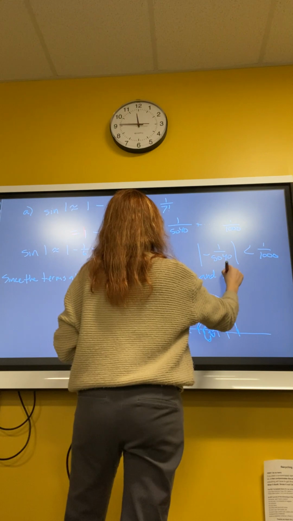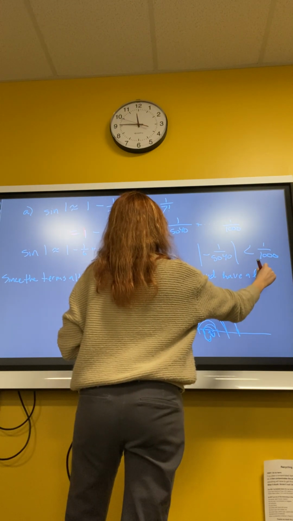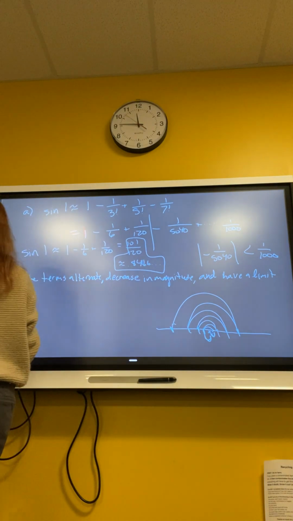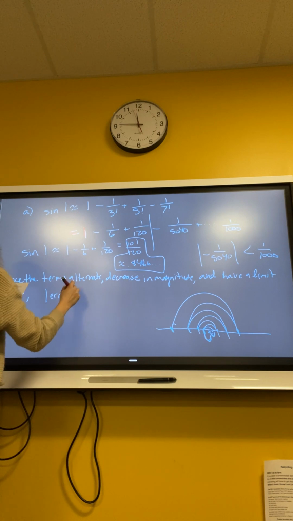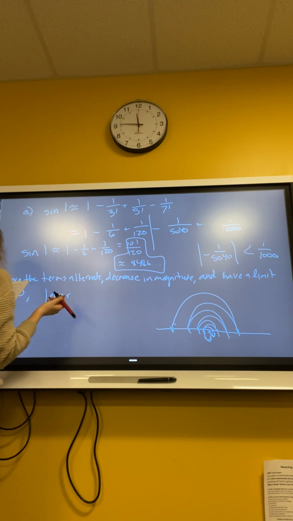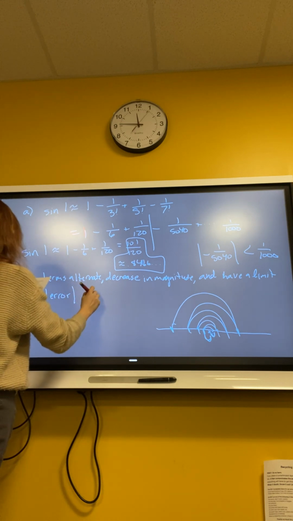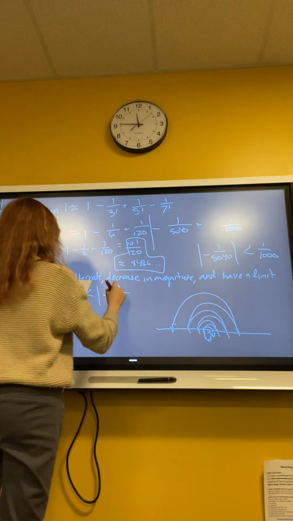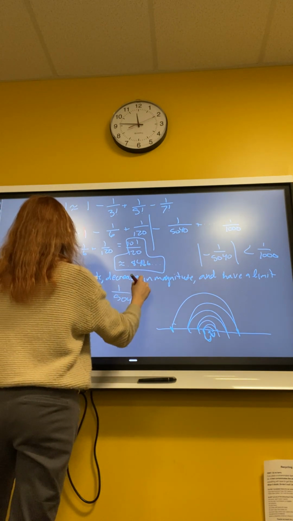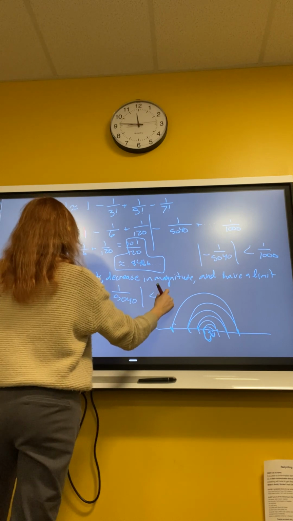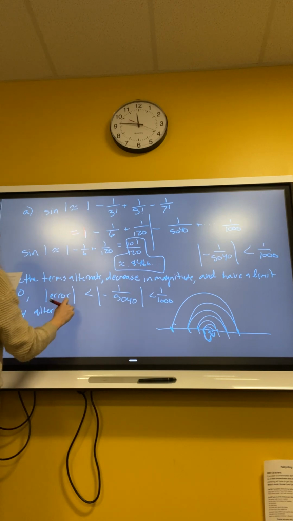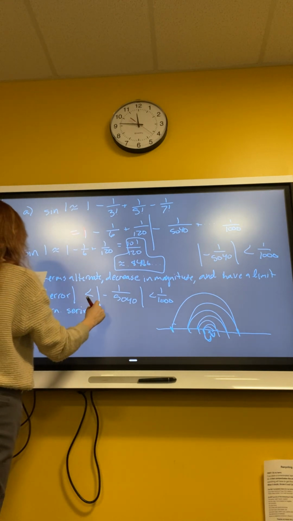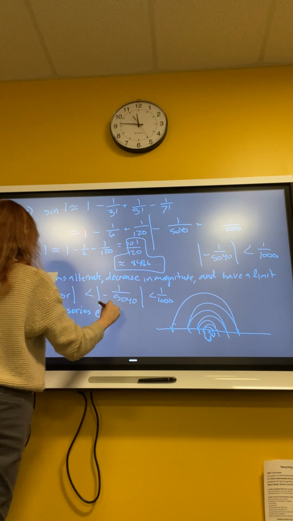Then the error is less than the first truncated term, which is less than 1 over 1,000, by the alternating series error bound, or remainder bound, either way.